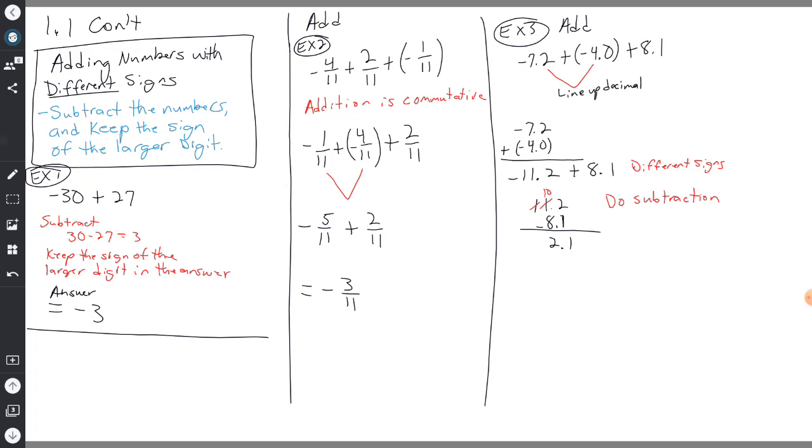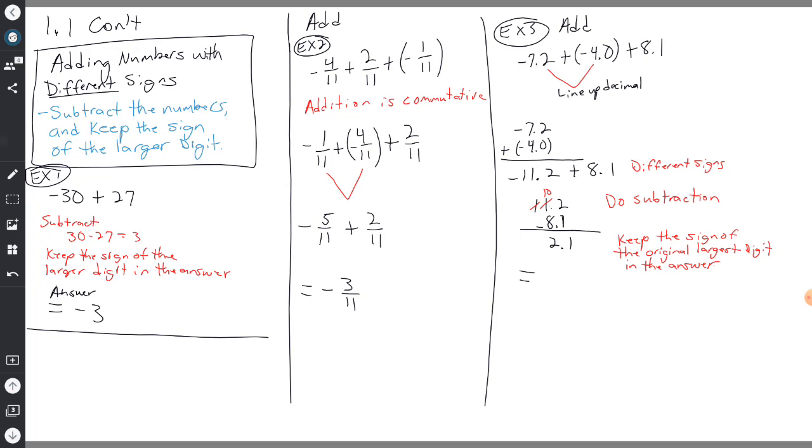So we do subtraction of the numbers, and then we keep the sign of the original largest digit in the answer.